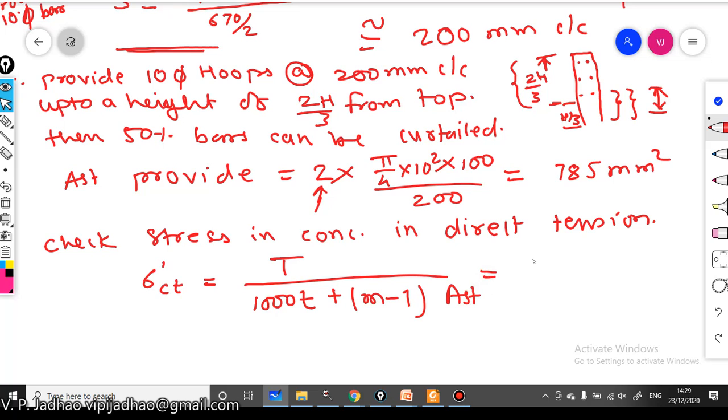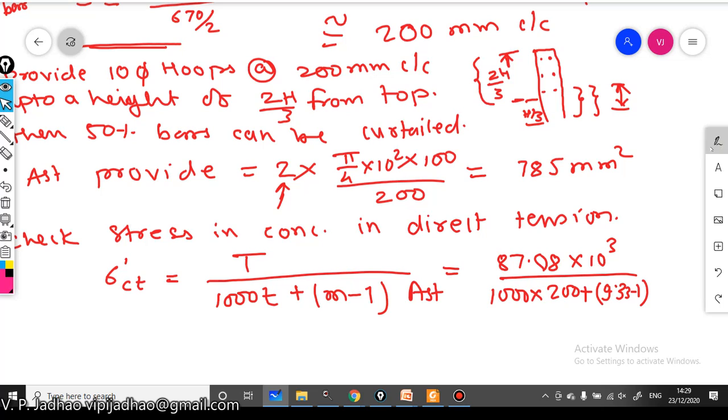T is 87.08 into 10 raised to power 3, converting it into Newton, divided by 1000 into the known value of T, that is 200 mm, plus m is 9.33 minus 1 into AST provided. AST provided is 785.